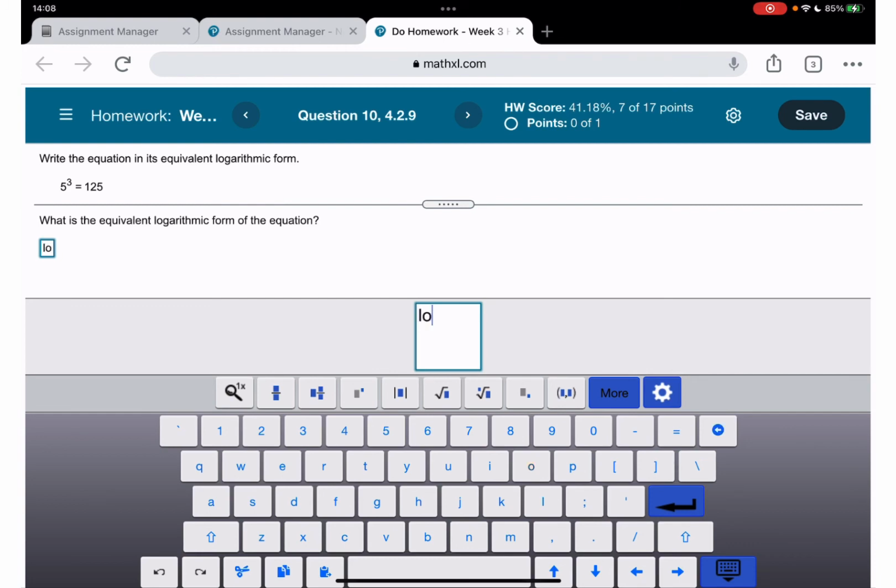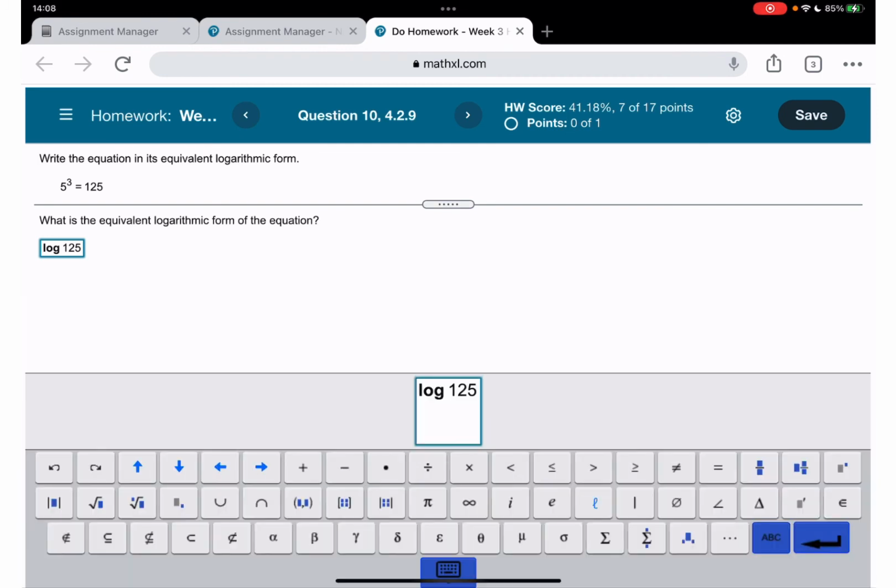Log 125 by base. Let me see if I can find base, clicking more. Let me see if I can find logarithm. Oh, here it is.